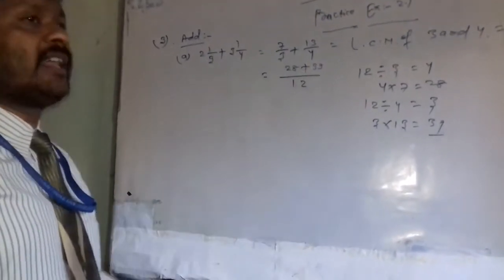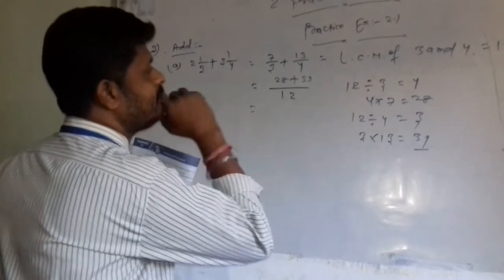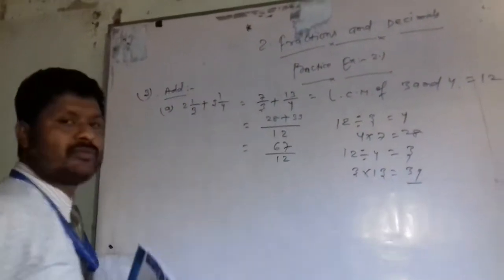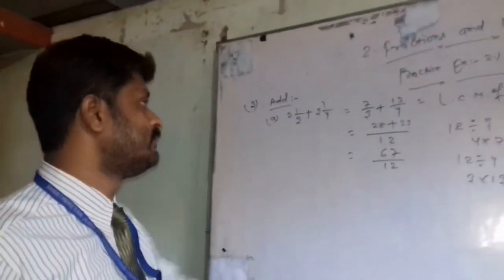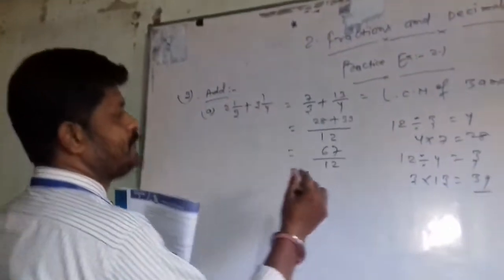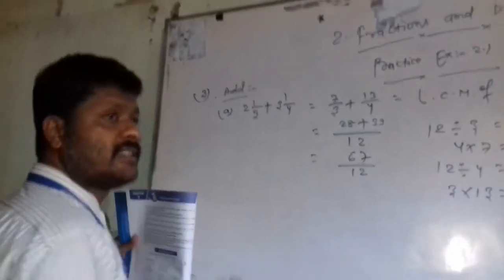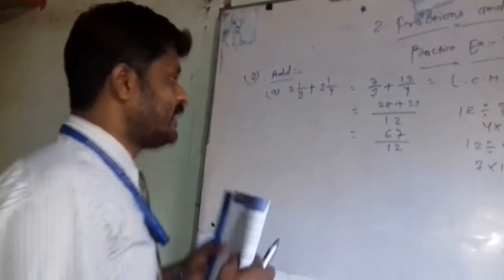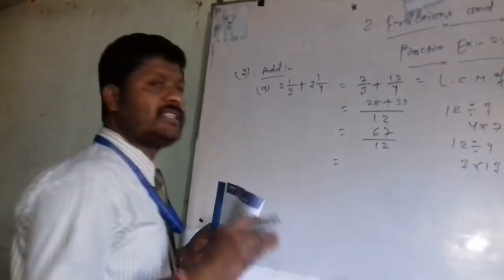Now these two are added, we get 67/12. Now the denominator is lesser, the numerator is greater, so we have to change it into a mixed fraction.